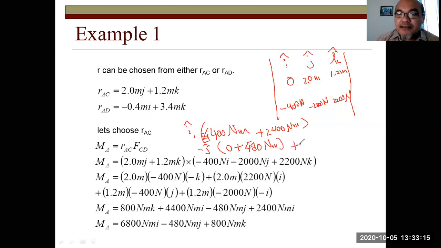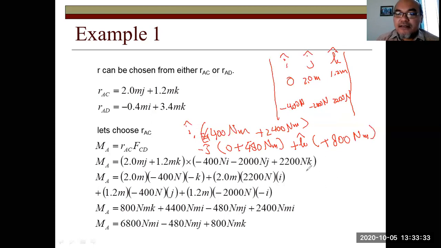Then plus K: 0 multiplied by this one is 0, and minus this minus also becomes plus, 400 multiplied by 2 meter equals 800 Newton meter.